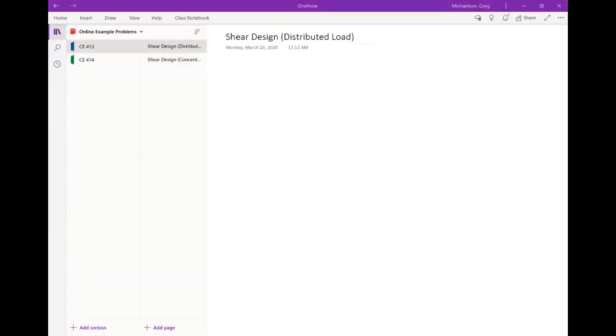Okay, everybody should see a OneNote, a blank white notebook with Shear Design distributed load on the screen. Okay, I'm going to get my pen ready. Pull the chat up so I can see what's going on there. Give me 1 second.